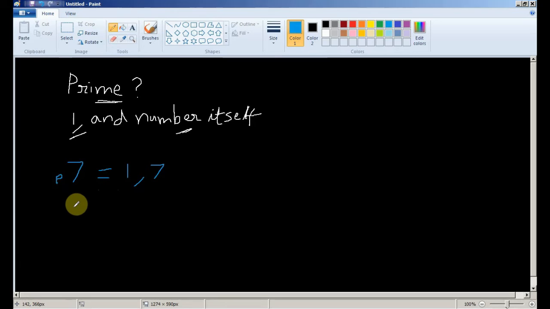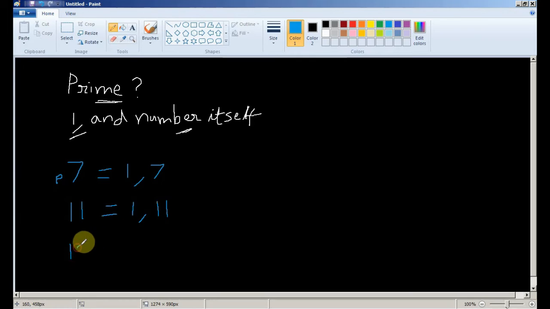What about 11? Is there any other number which can divide or multiply to give 11, other than 1 and 11 itself? I think no. So this is a prime number.